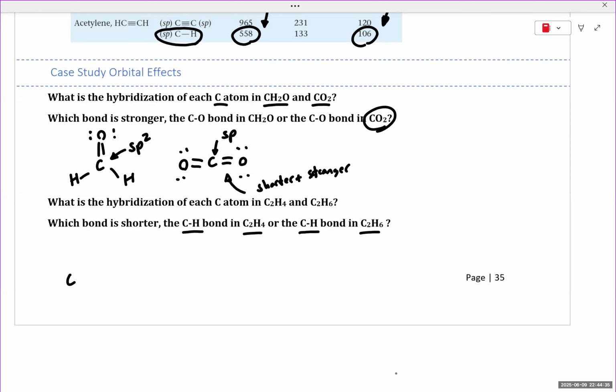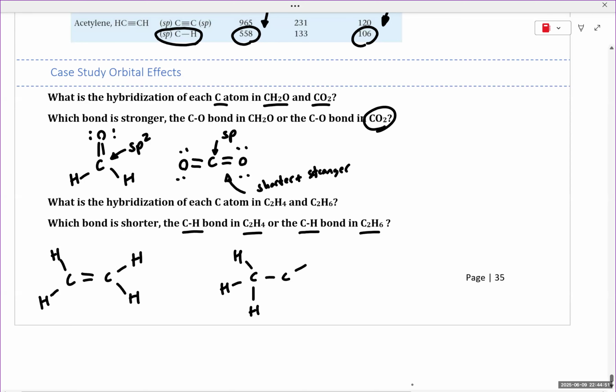Okay, so first let's get some Lewis structures going. C2H4 looks something like this. This is a typical formula for ethylene. C2H6 is our good old friend ethane. Looking at the carbon in ethane, this carbon is sp3, while the carbon in ethylene is sp2.